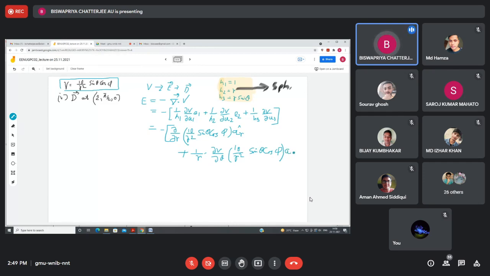You must put the unit vector a theta cap, and the last term remains 1 by R sin theta del V del phi of 10 by R square sin theta cos phi.